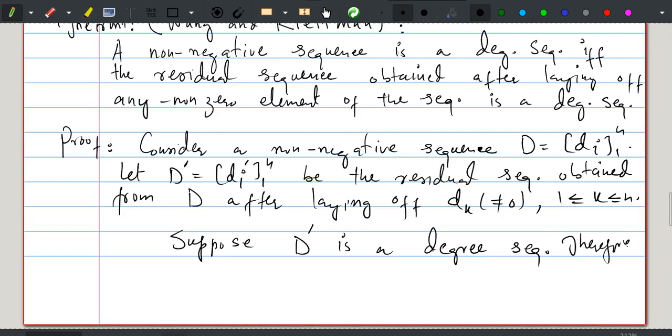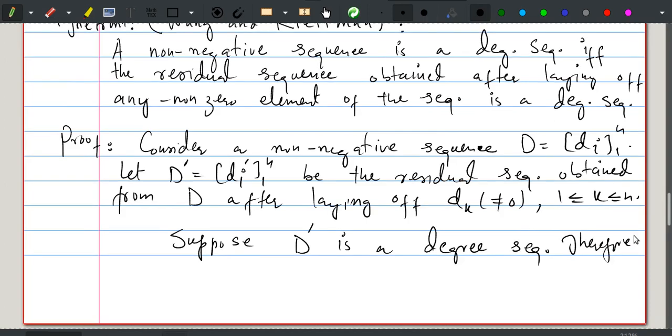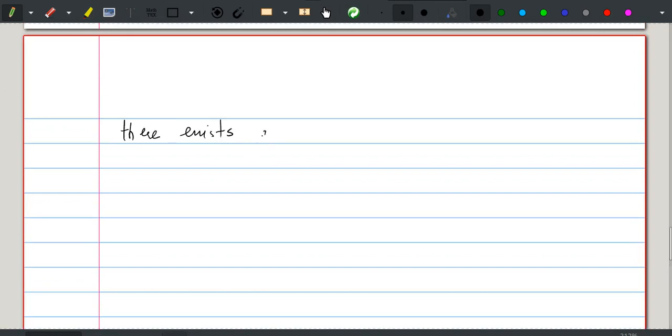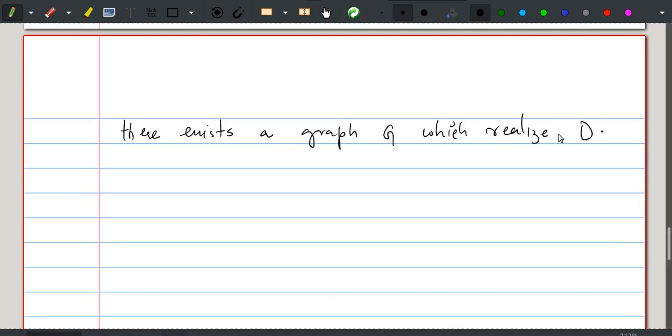Therefore there exists a graph which realizes d prime. Let us name this graph as G prime.